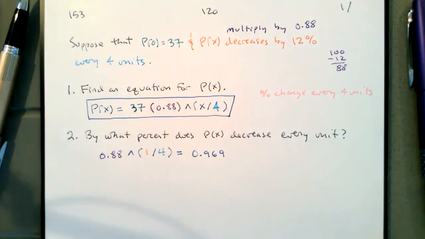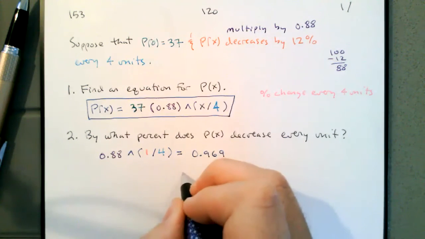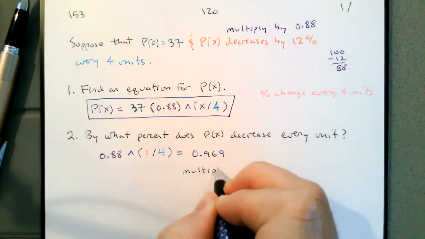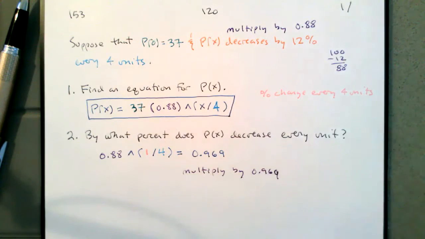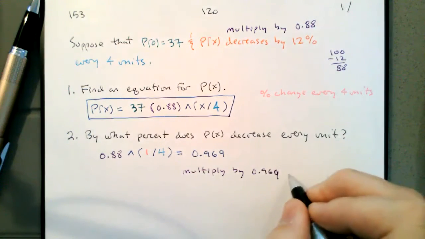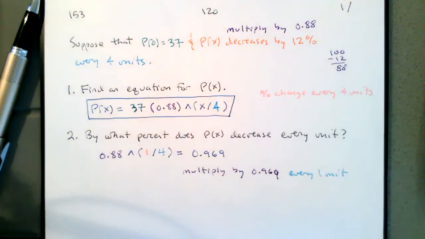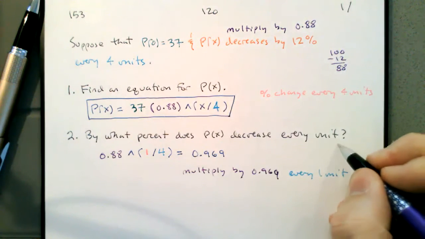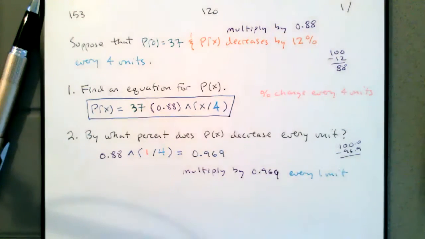So this means we're multiplying by 0.969 every 1 unit. So if we look at the 0.969 and read it as 96.9 and subtract that from 100, that'll tell us what the percent change is.